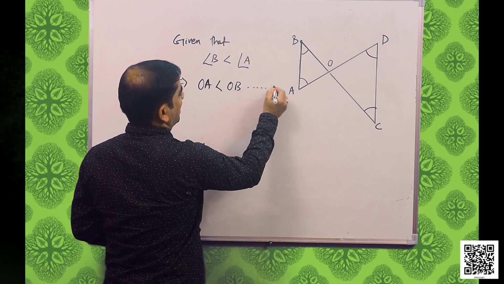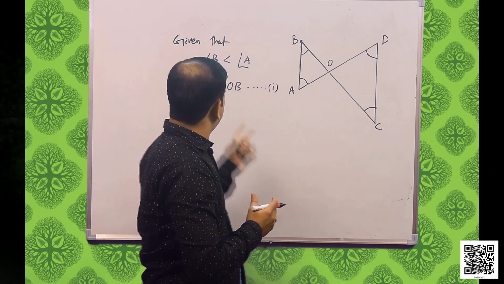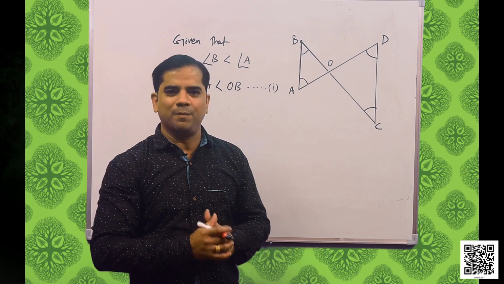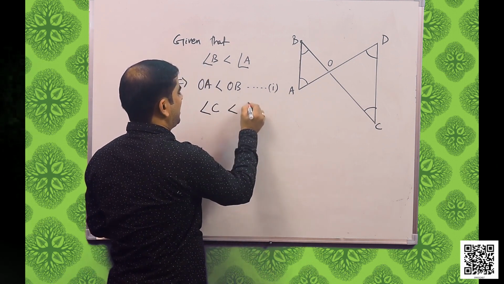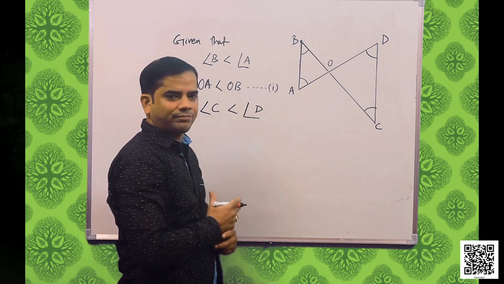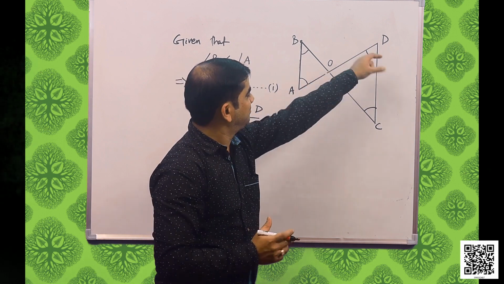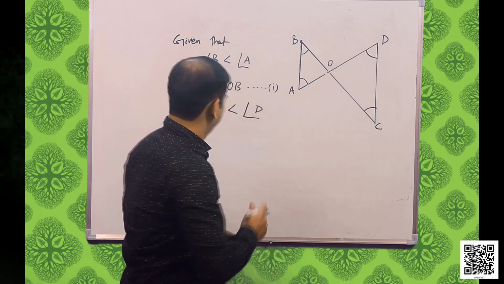Let me mark it as equation 1. Fine. Why is it so? We know that the greater angle has the longer side opposite to it. Fine. Angle C is smaller than angle D. It implies OD is smaller than OC.